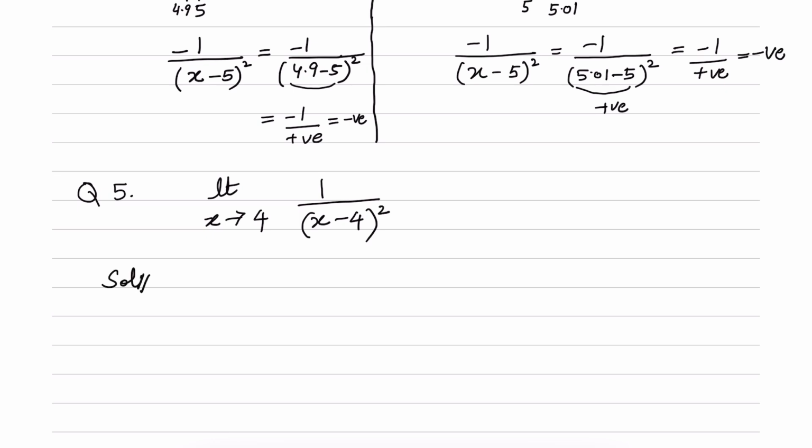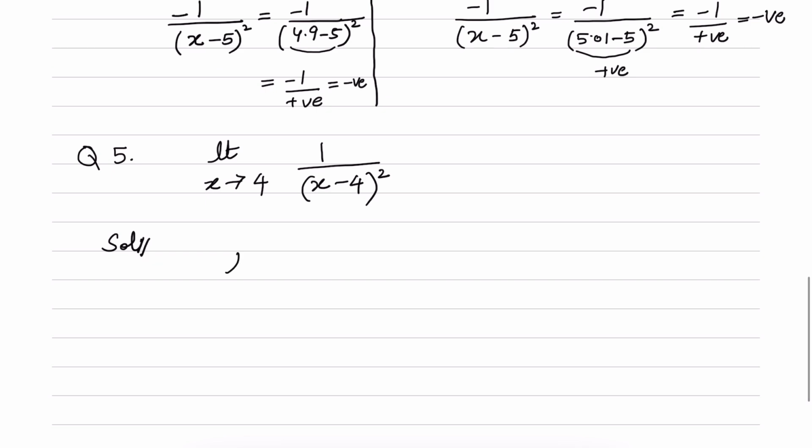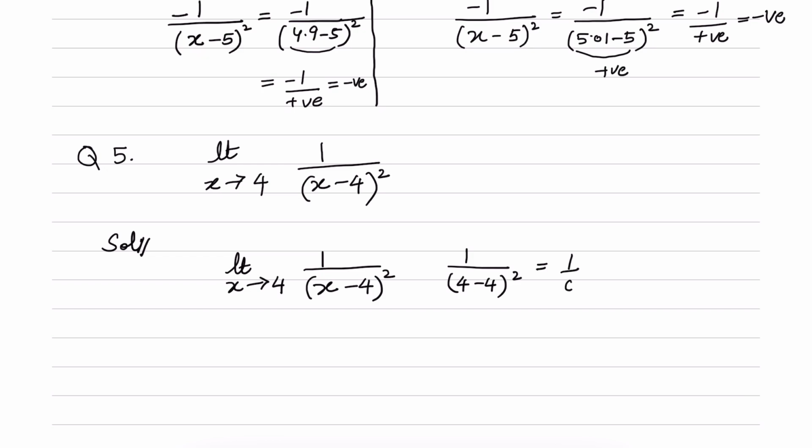To find its solution, we know that every question of limit starts with plugging the value of x in the function. x is approaching 4, so we will plug x equal to 4 in the function, and we see that we get 1 over (4 minus 4) whole square, which is 1 over 0, and it is infinity.